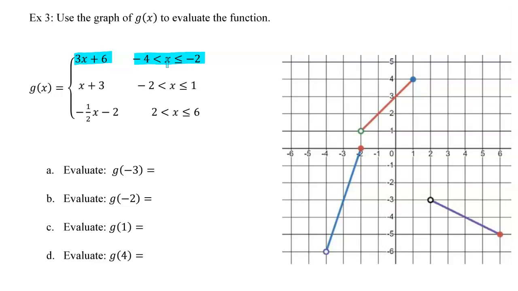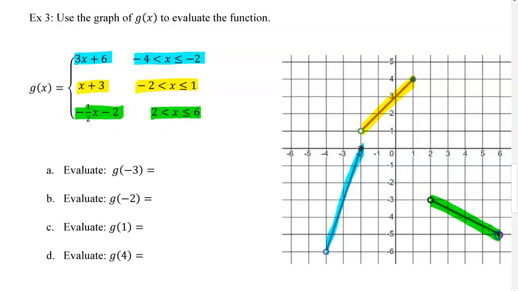So it's x greater than -4 and less than or equal to -2. For this equation that I'm highlighting in yellow, we're looking at x values that are bigger than -2 and less than or equal to 1. So that's this middle piece here. Okay, the first piece is the blue piece. And then the last part is this portion here.